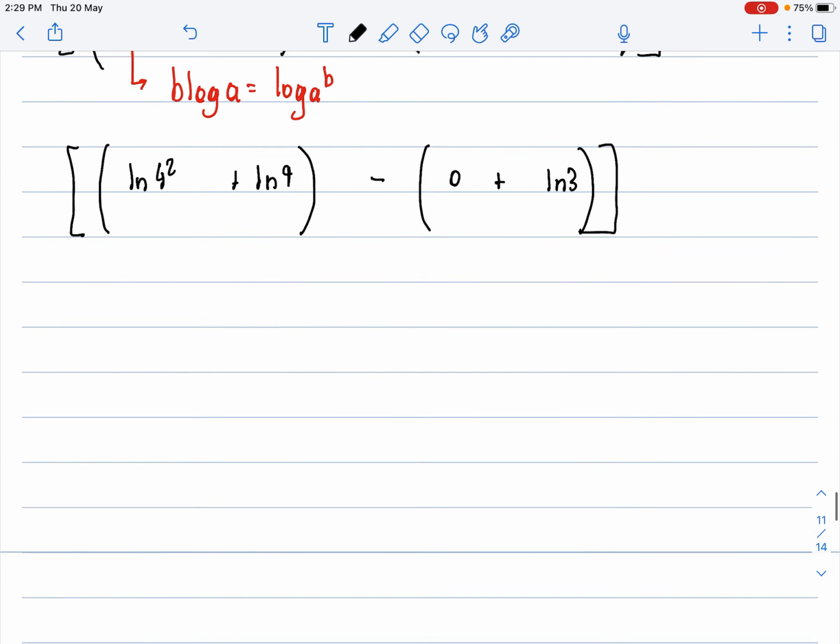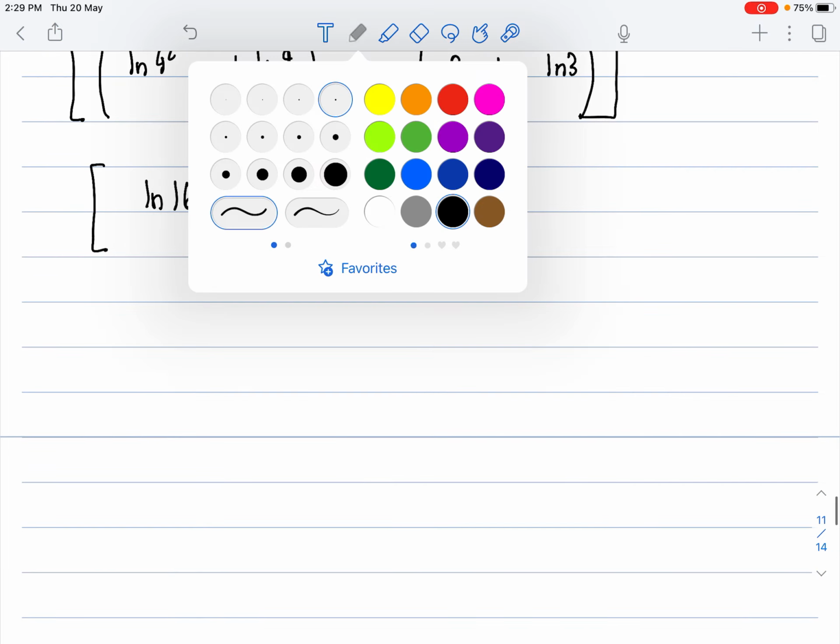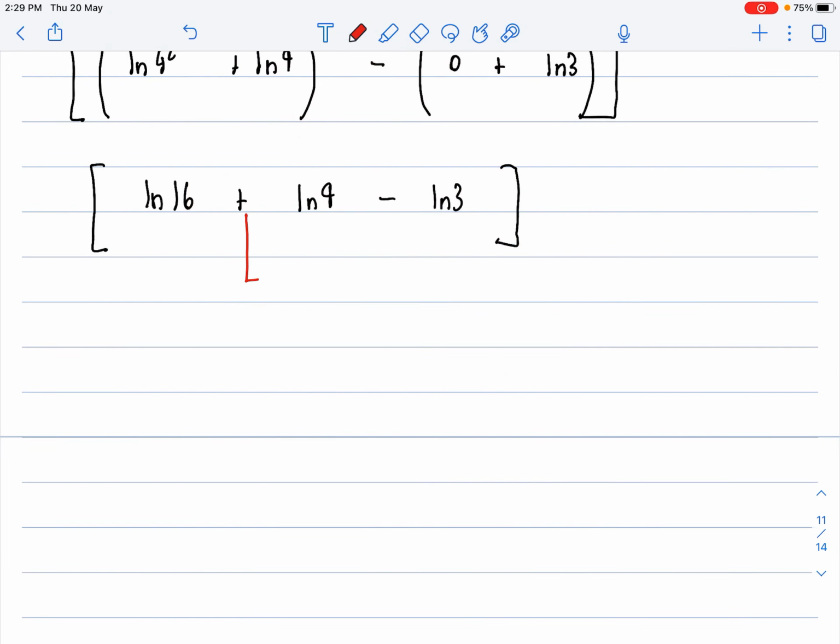So now this can be written as ln 4 square, I know is ln 16, plus ln 9 minus ln 3, correct? So now I can use a log property here, which suggests that log a plus log b is equal to log a into b.